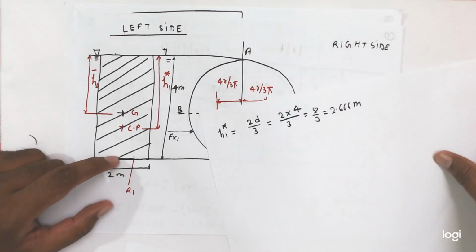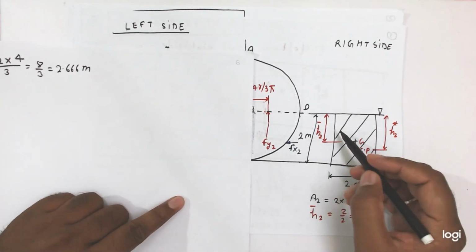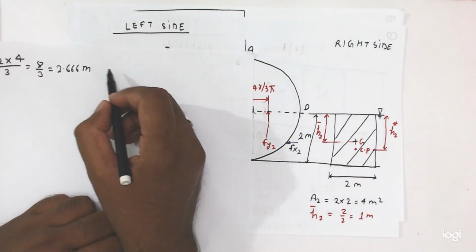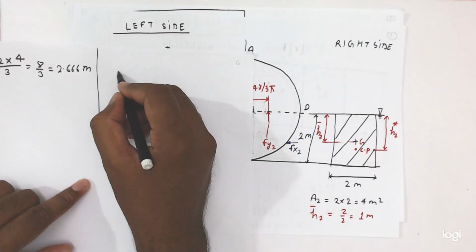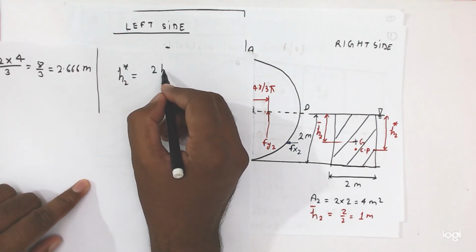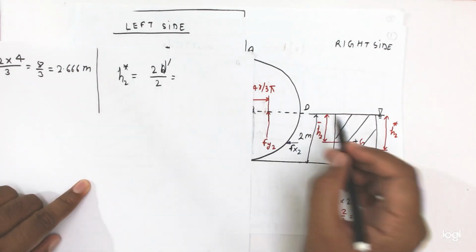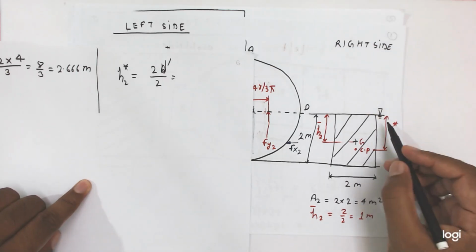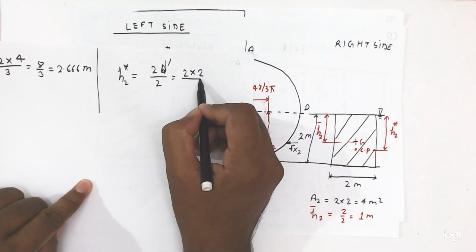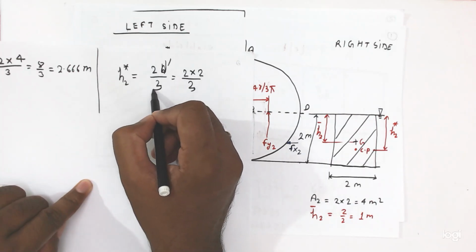Similarly friends, on the right side also the same situation is there. So liquid surface up to this, so directly we can find H2 star is equal to 2 into d dash divided by 3, where d dash is the distance of this one, or half, so 2d by 3.